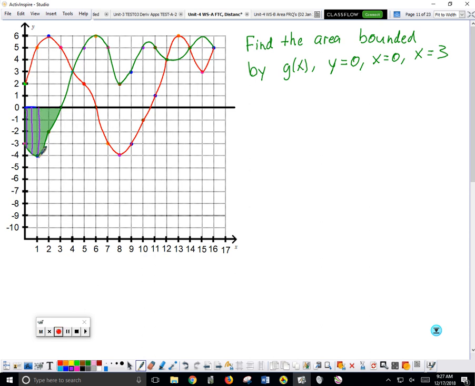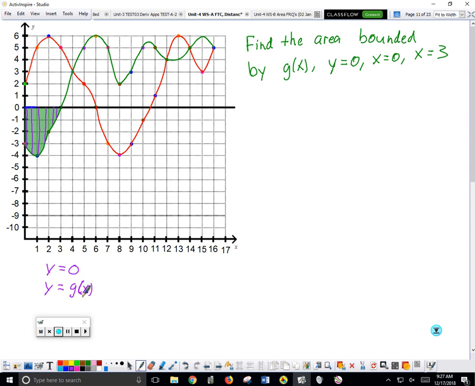Sometimes it helps to draw a few rectangles. As I fill that space with narrow rectangles, I notice that the top of every rectangle is starting at the function y equals 0. That's the top. The bottom of every rectangle ends at the function that we named g of x.